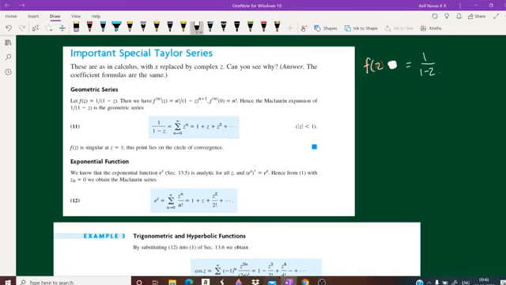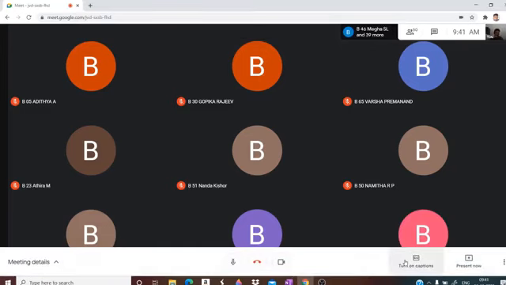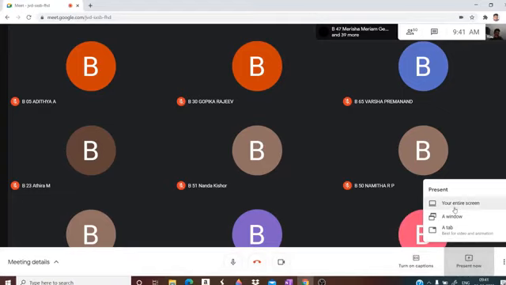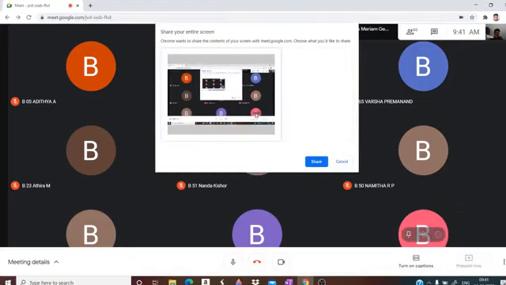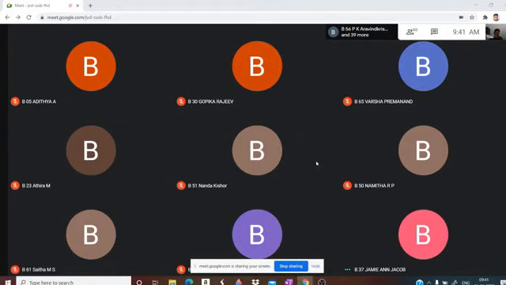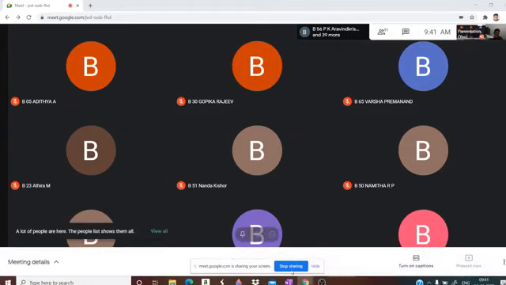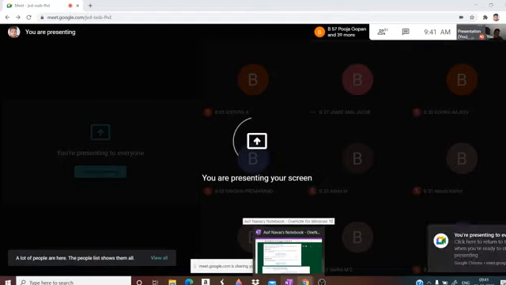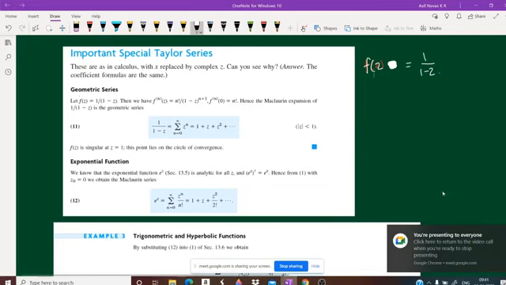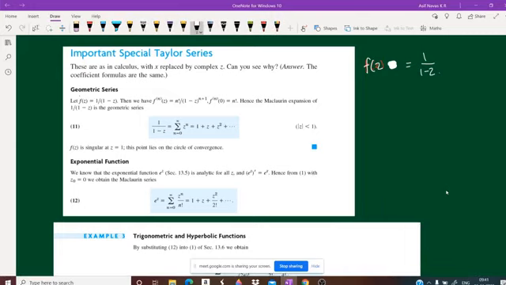Okay, can you see it now? f of z equal to 1 by 1 minus z. So this is the function. We want to find out the Taylor series representation of this.